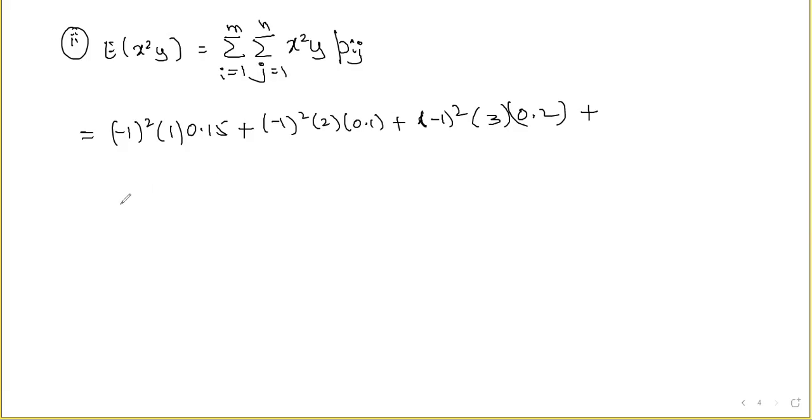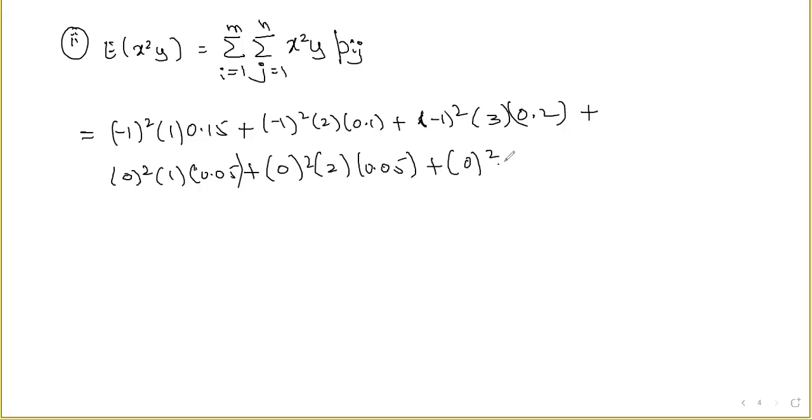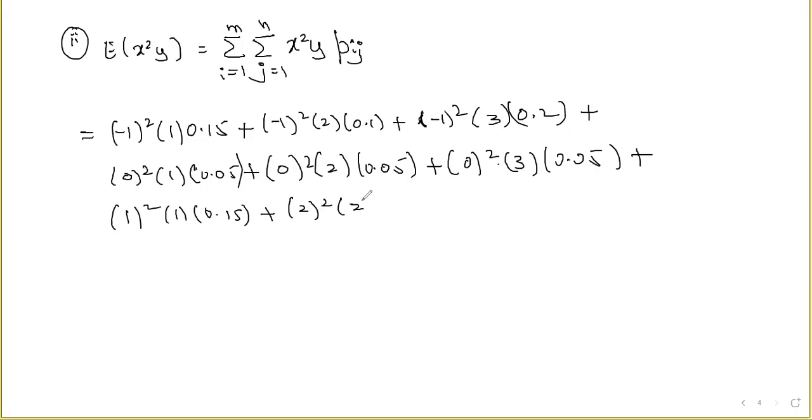Now plus, we'll consider x equal to 0: 0 square into 1 into 0.05, plus 0 square into 2 into 0.05, plus 0 square into 3 into its probability, also 0.05, plus now x equal to 1 and for various values of y, 1 square into 1 into 0.15, plus 1 square into 2 into 0.2, plus 1 square into 3 into 0.05.